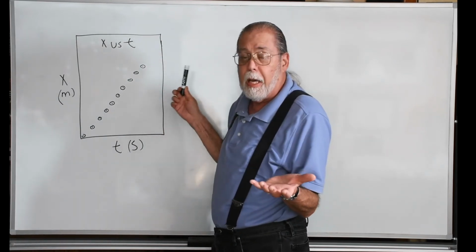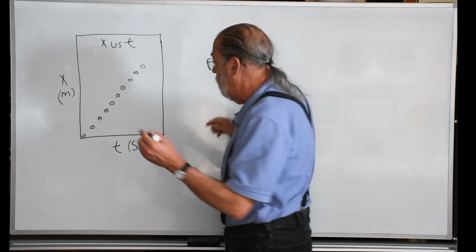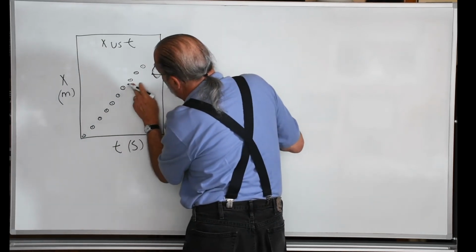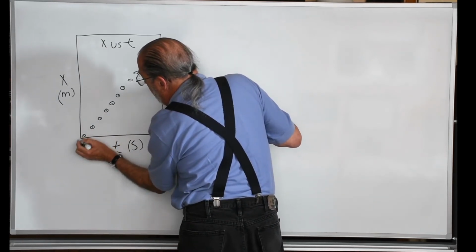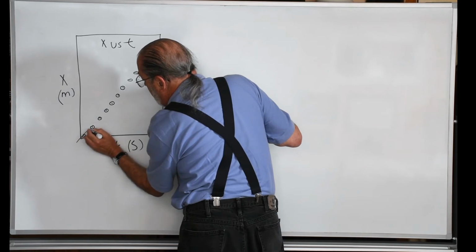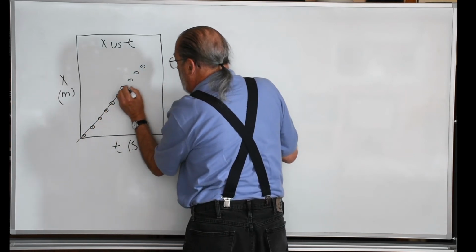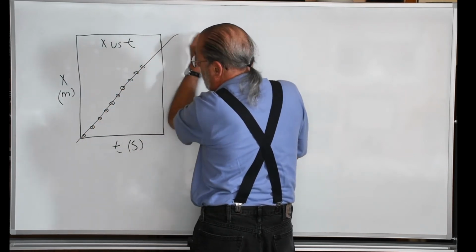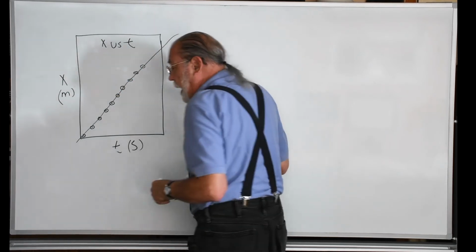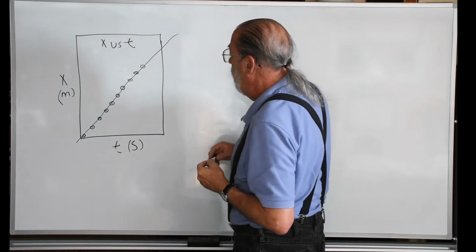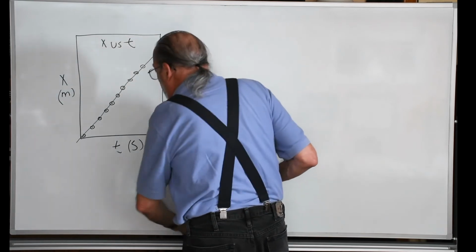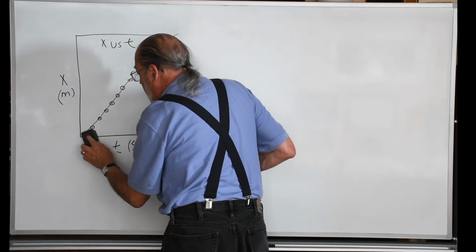Now I'm going to do it by hand, but you must use a ruler. In this case you can see this one's a little high, and so if I do this by hand, it might be something like that. Well, that's not good. It should actually be straight. But you understand what I mean. Some of the points will be above and below it.